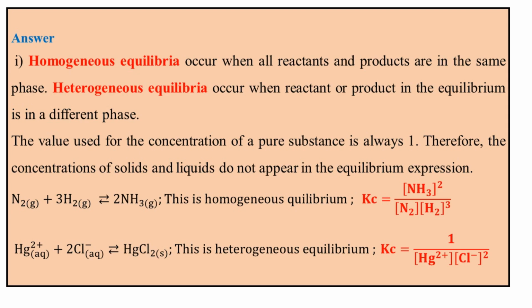But because the mercury chloride product is a solid, it will be given a value of 1. That's the reason why you can see here the product is given a value of 1, because the mercury chloride is a solid.